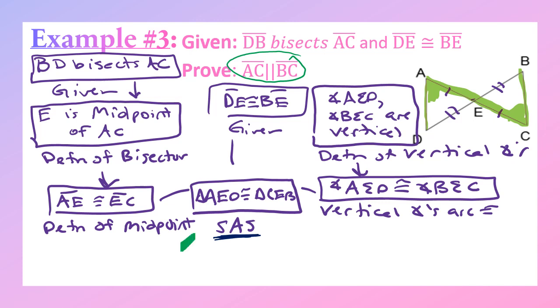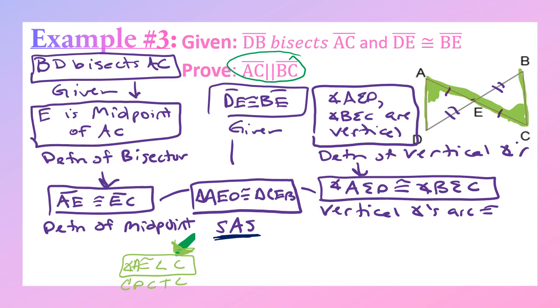So what I'm going to do from here is I'm going to come over here and say that angle A is congruent to angle C. And the reason is CPCTC. So I know that those 2 angles are congruent because the corresponding parts of congruent triangles are congruent.